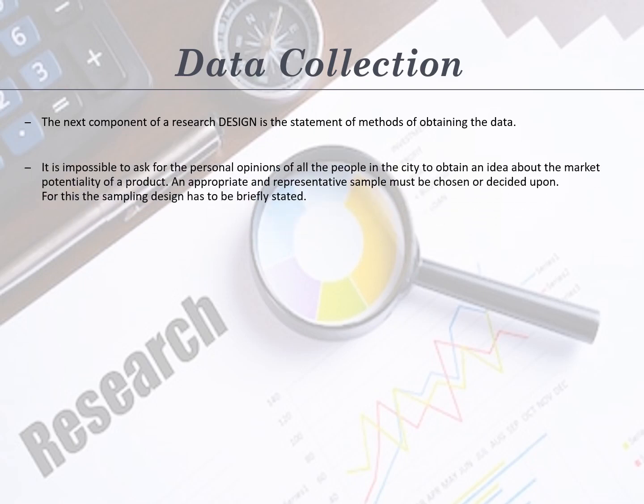It is impossible to ask for the personal opinions of all the people in the city to obtain an idea about the market potentiality of a product. An appropriate and representative sample must be chosen or decided upon. For this, the sampling design has to be briefly stated.